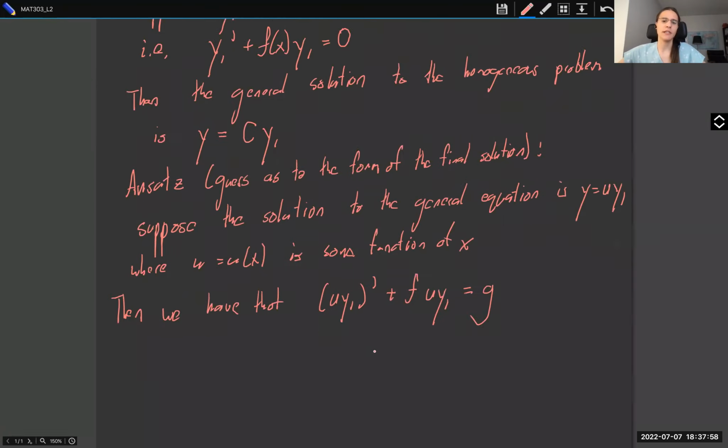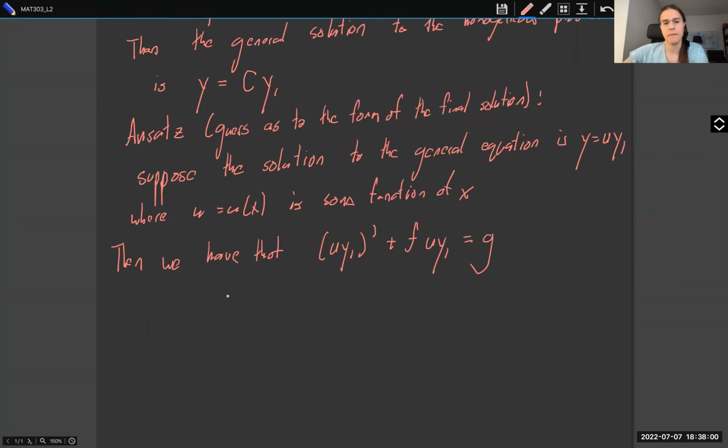Omitting all of the arguments. And so what does that tell us? Well, we can expand this, by the chain rule, to get u prime y1 plus u y1 prime plus f u y1 equals g. And then what we're going to do is factor this u out.